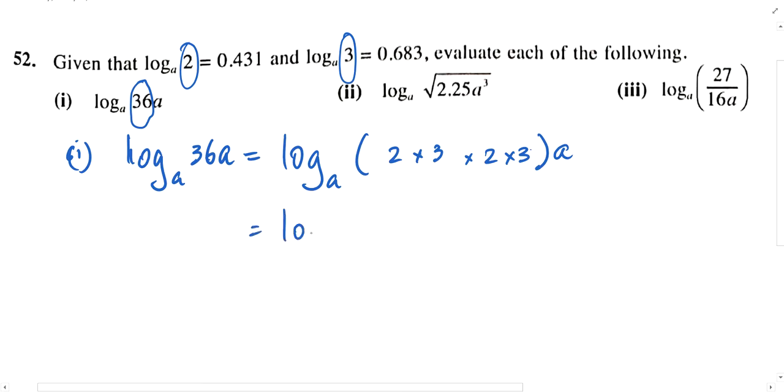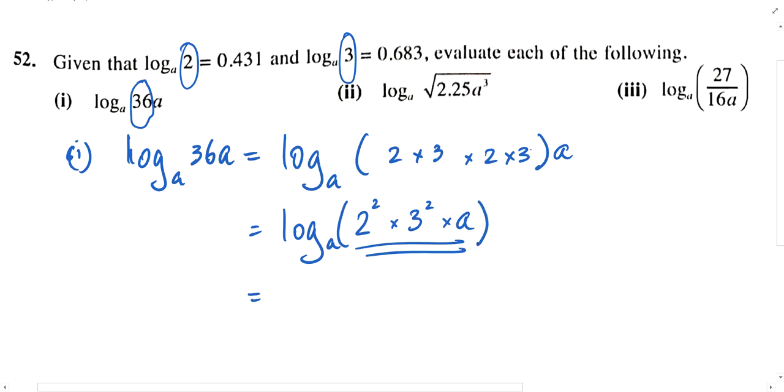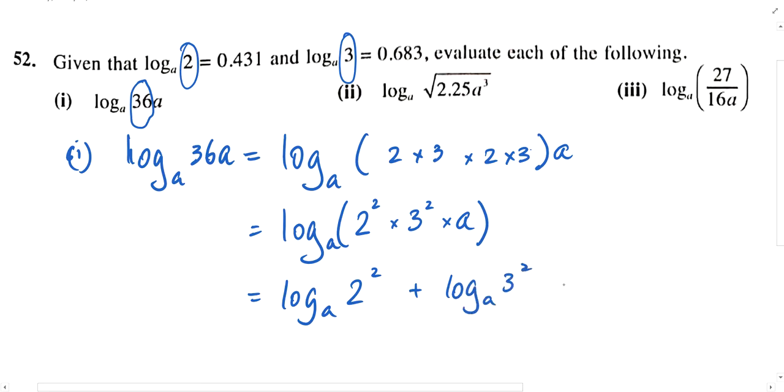Let us simplify a little. Log base a of 2 square, excellent. Okay, good. So now we again see a multiplication inside my logarithm. What should I do? Can separate? Can separate or not? Okay, how do we separate? 2 square, 3 square, plus 1. Okay, good. You did that on the spot.